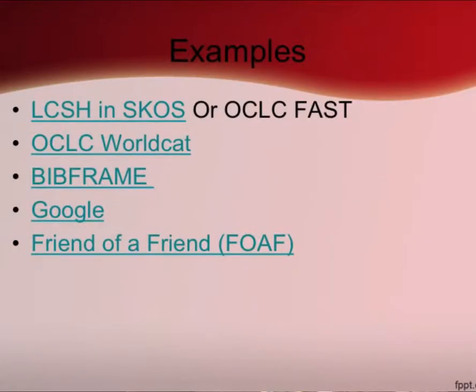Okay, these are examples of successful semantic web applications. Librarians are not sure about the semantic web so far because there are not many successful examples. I do recommend you take a look at OCLC WorldCat. They have an experimental semantic web element in their WorldCat.